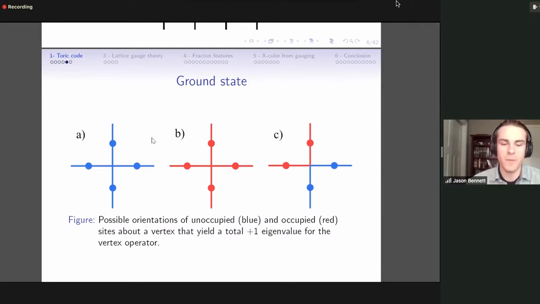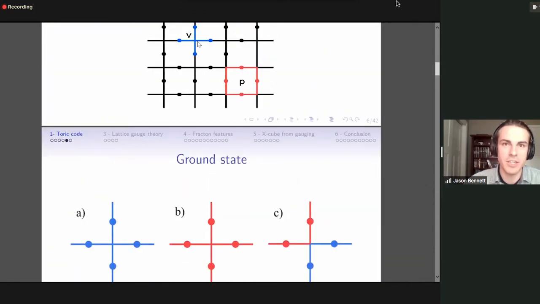If we identify plus 1 as being the ground state, we can come up with different ways in which the ground state can be achieved. We can either have 1 and 1, we could have -1 and -1, or -1 and 1. And these are different ways that you can come up with the ground state in these various excitations.